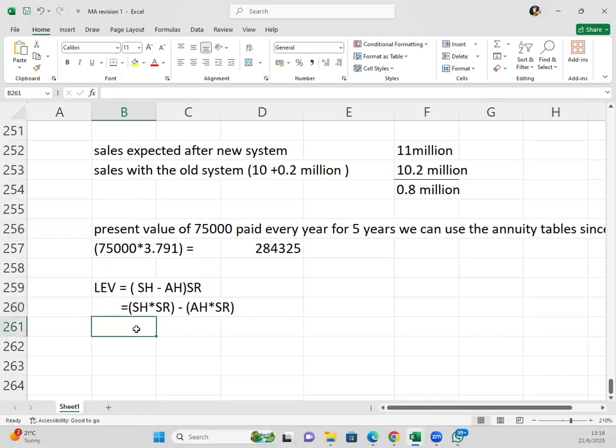Or optionally, still the same formula that I'm just breaking down: standard hours times standard rate minus actual hours at standard rate.